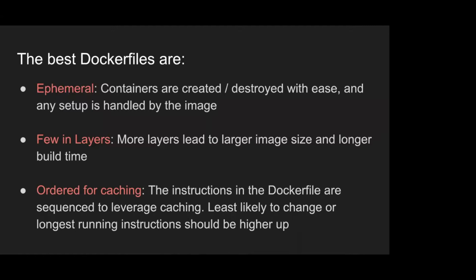So if you ever look at published Dockerfiles, you'll see that at the top is almost always things like installing OS packages, updating Linux, and at the bottom is more application-specific code where you are executing some shell command specific to your application that you know is likely to change over the course of time.